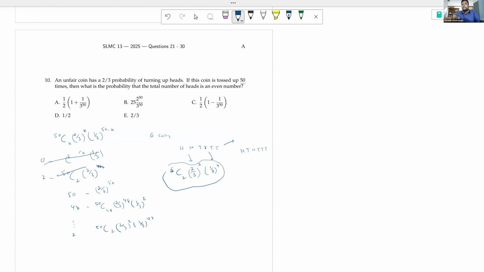And finally, 0 heads, 1/3 to the power 50. And when you add it all up, you can see that it's precisely the expansion of 1/3 plus 2/3 to the power 50, but only the even terms.